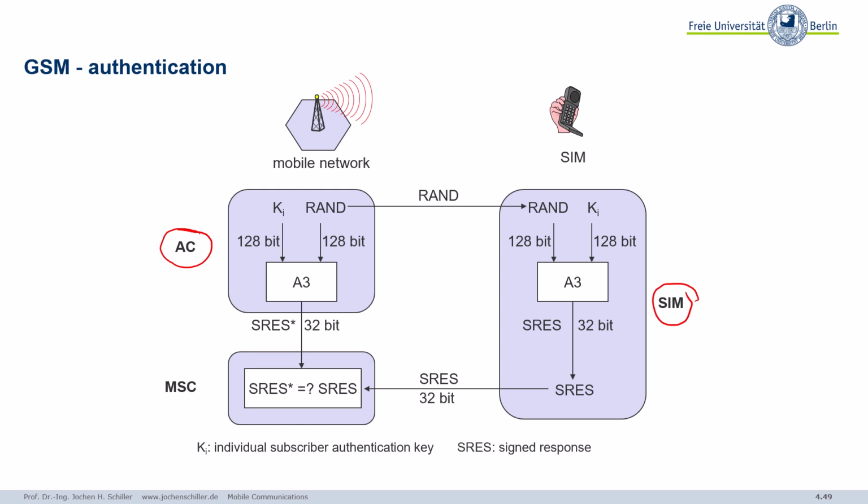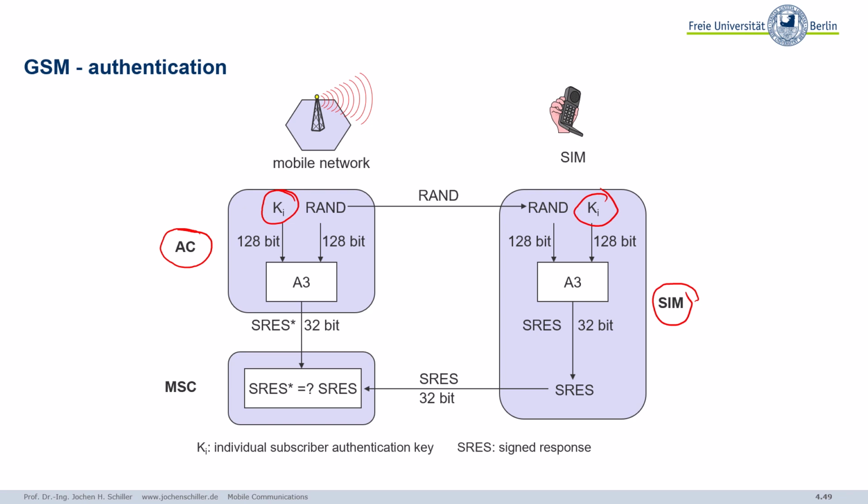What happens now? In the authentication center and in your SIM, there's a secret key, KI. This is the individual subscriber authentication key. You cannot read out this key from the SIM. This is not possible. The key is stored on the SIM, and you will not find out what the key is. The key is also protected in the authentication center.